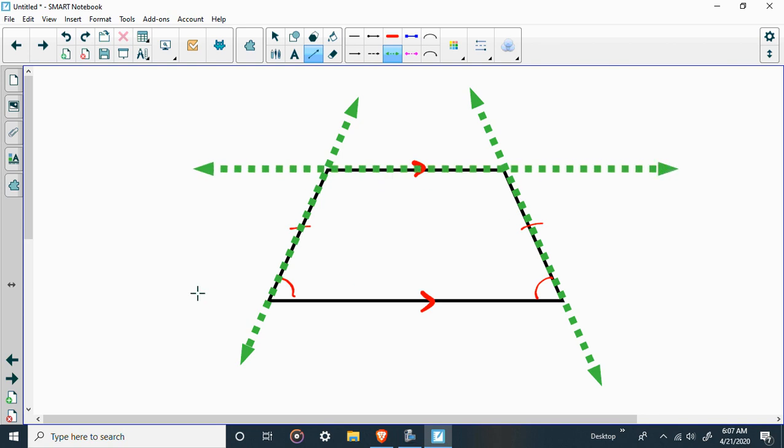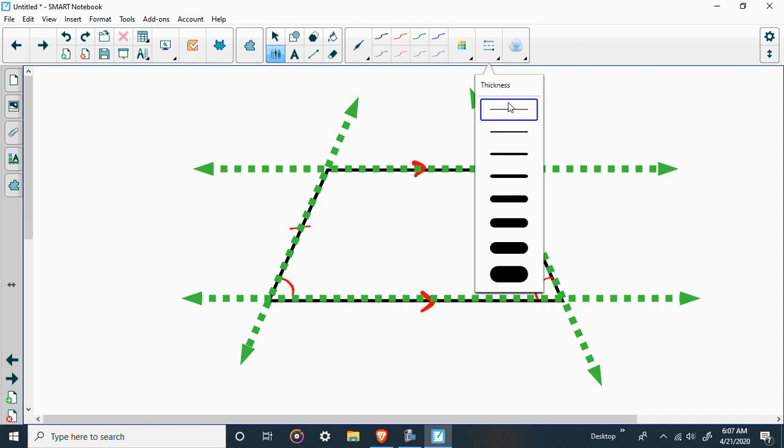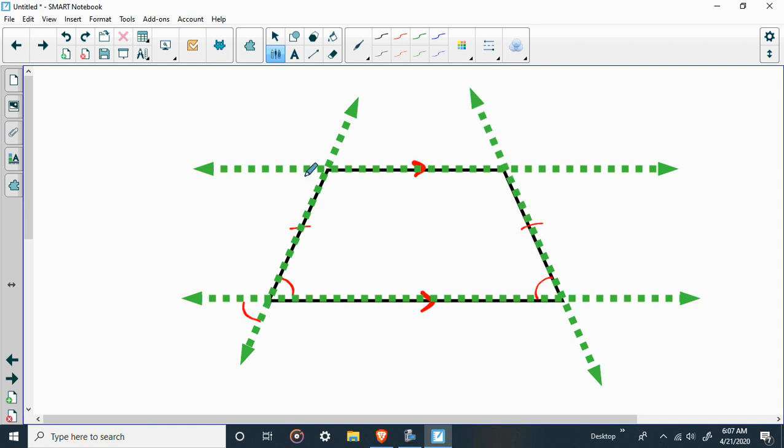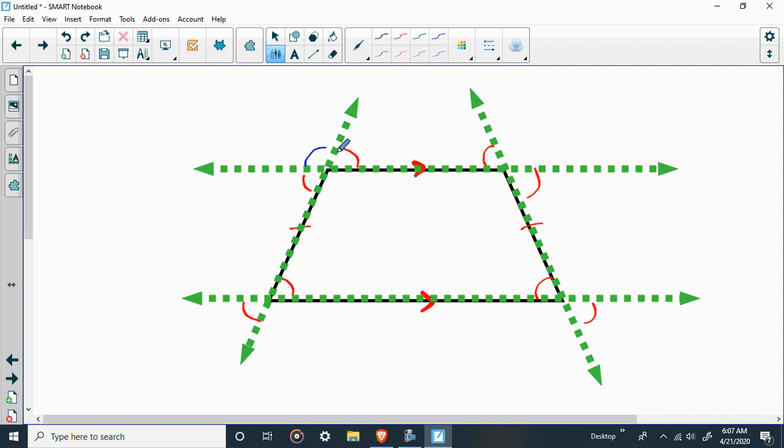If I think about what we were calling our red angles and our blue angles before, all my red angles are going to be here, corresponding up here. They're just facing in different directions. But if you notice, both of the bottom angles are red angles, and both of your top angles are going to be our blue angles.